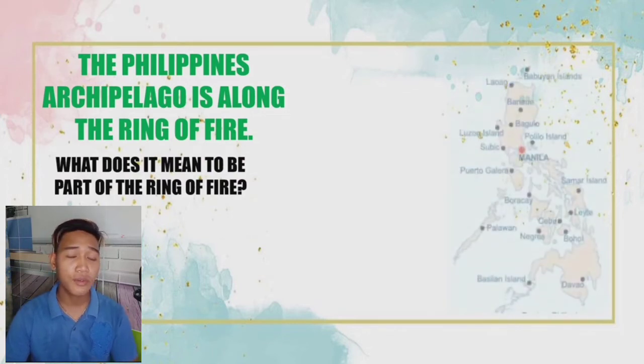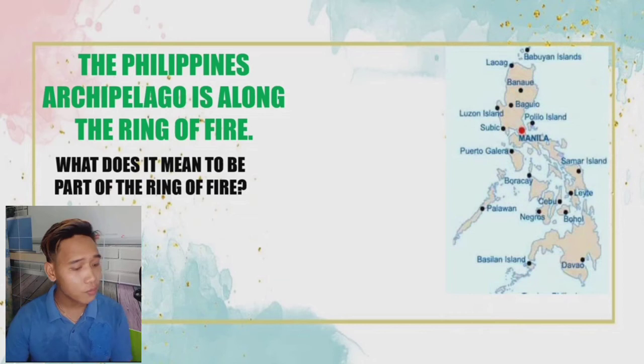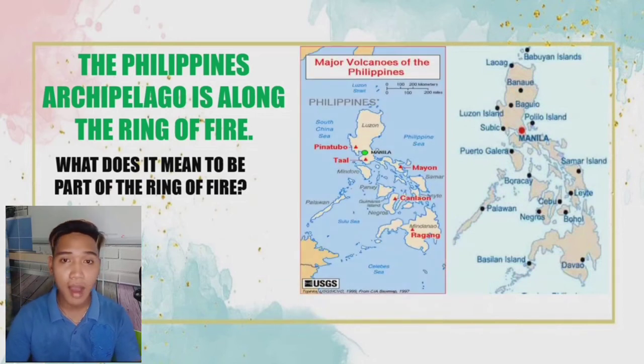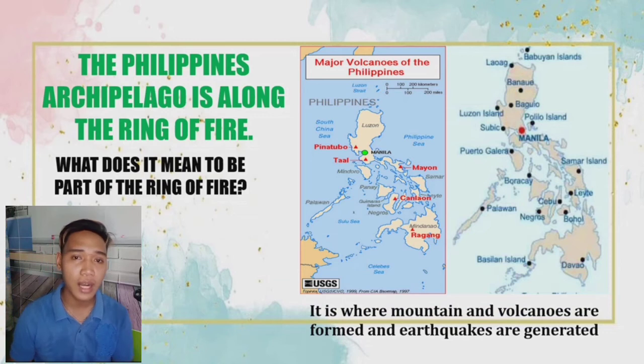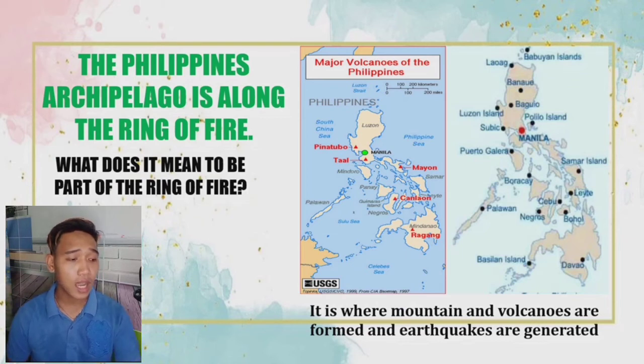Remember that the Ring of Fire is where mountains and volcanoes are formed and earthquakes are generated. It is also the reason why our archipelago is volcanic and mountainous.